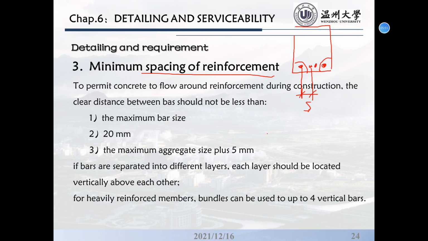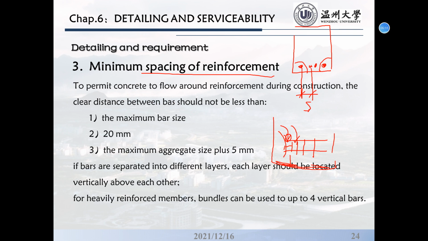Here I have to point out that if there's dense reinforcement, meaning the spacing is small, you know the concrete is a liquid poured on the cage. It can't pass through the steel bar cage to reach the bottom.